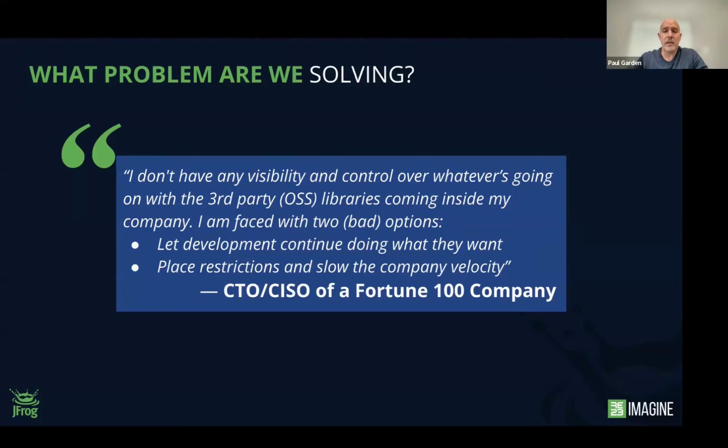If you don't monitor what people are bringing into the organization to use inside your software, and you don't have adequate security checks throughout your software supply chain, there's a bunch of security exposures and risks that you're bringing into your organization. This is a real problem that customers are having. This one quote sums up exactly what curation was made for.